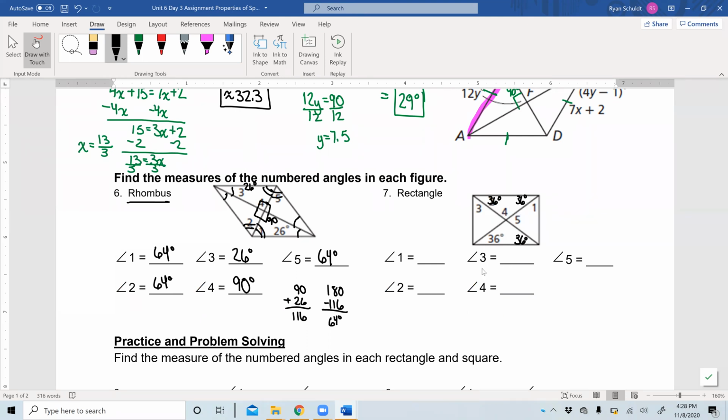So that means angle 2 is 36 degrees. We also know that each main angle is a right angle. So to get angles 1 and 3, we can do 90 minus 36. And that'll get us 54. So angle 1 is 54 degrees. Angle 3, 54 degrees.